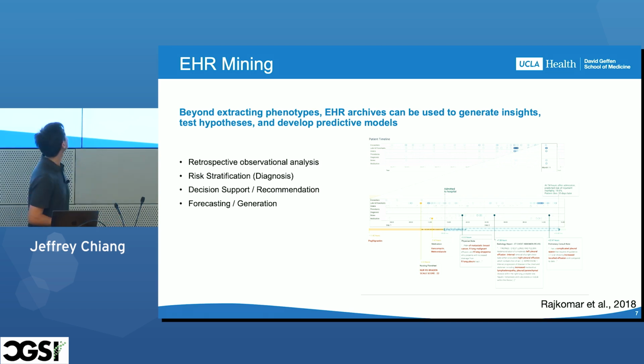We can also, if you want to take the idea of generative AI, move towards forecasting and generation models, which might be able to forecast what's going to happen to a patient in the future. I'll be focusing on risk stratification. The other two are fantastic, and other people have addressed how we might do those, but I just wanted to put a teaser out there.